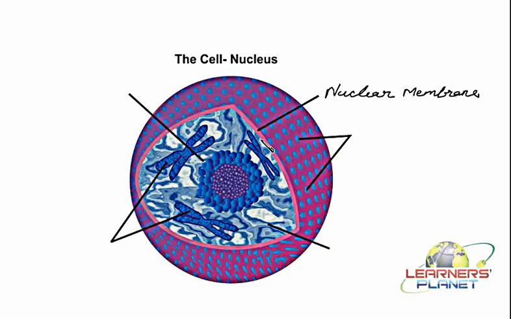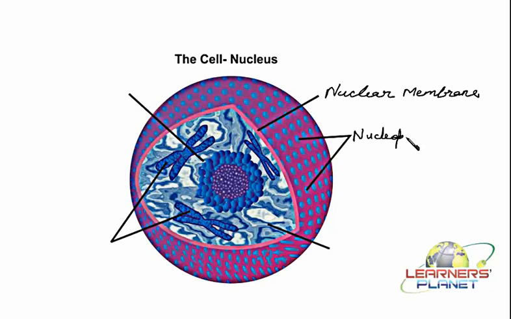Now we have studied that this nuclear membrane is not continuous, it is discontinuous. It has some pores in between. Over this boundary you can see these round structures, and these round structures are known as nucleopores.